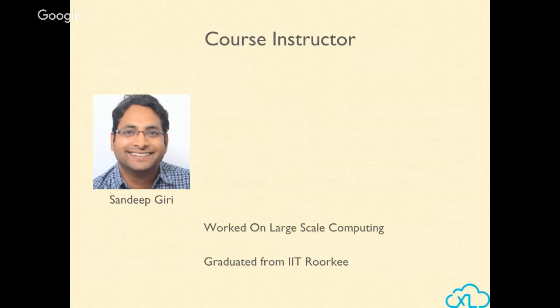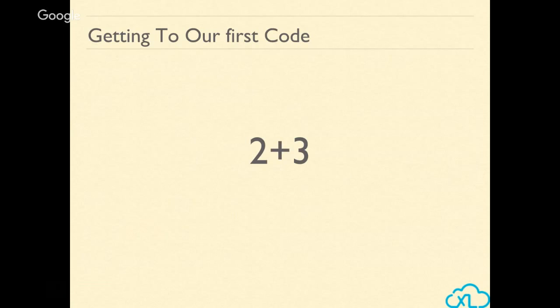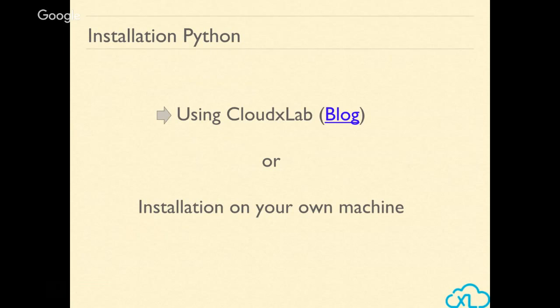All right. I talked about the instructor. I'm Sandeep Giri, and I enjoy explaining things. And this is our first code that we tried, 2 plus 3, which we all know. We used the CloudxLab blog, where we've written down the details about how to install.